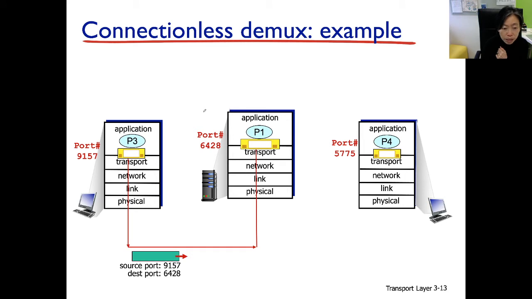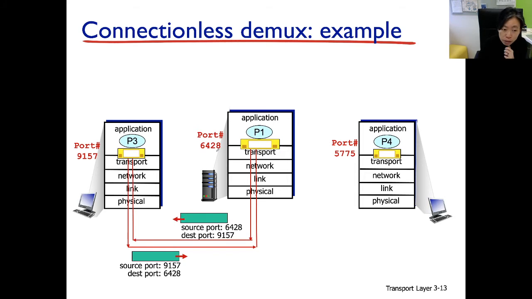So we see here a service request message being generated from P3 and intended for P1. You will see source port number being 9157 and the destination port number being the server's port number 642A.